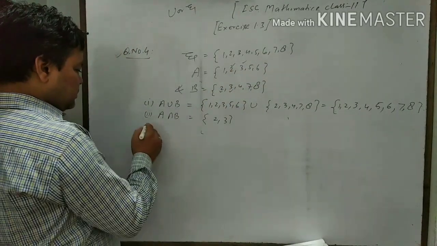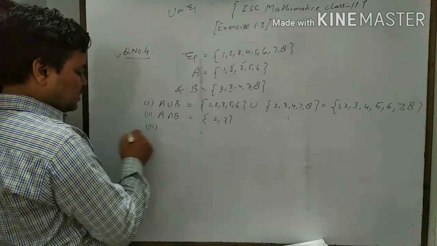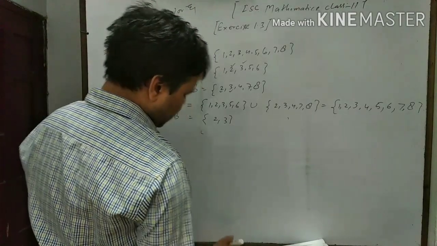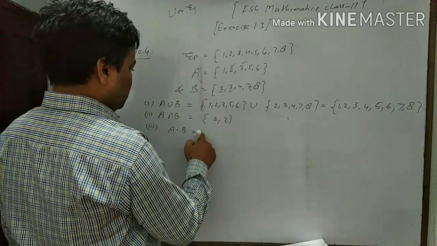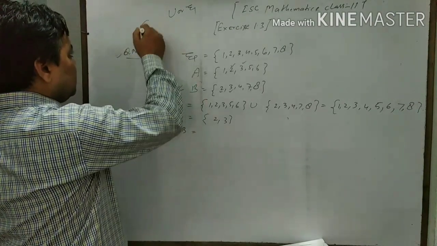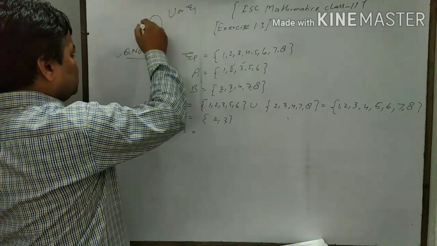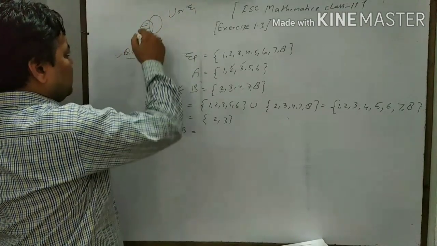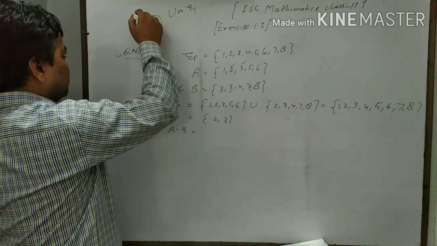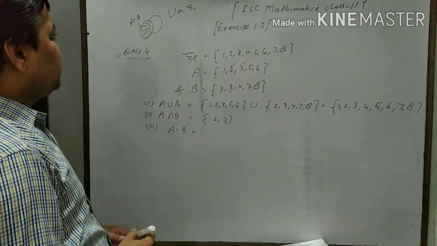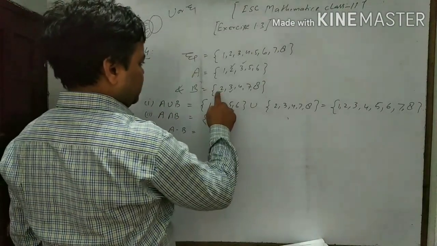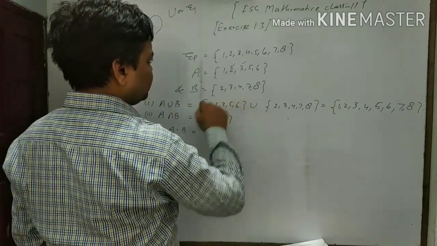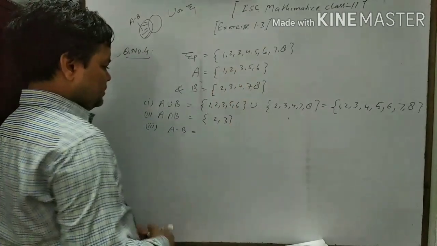Now the third part. The third part is A minus B. If we have two sets, then this part is called A minus B. It means the elements of A which are not in B. It is better to write the sets.